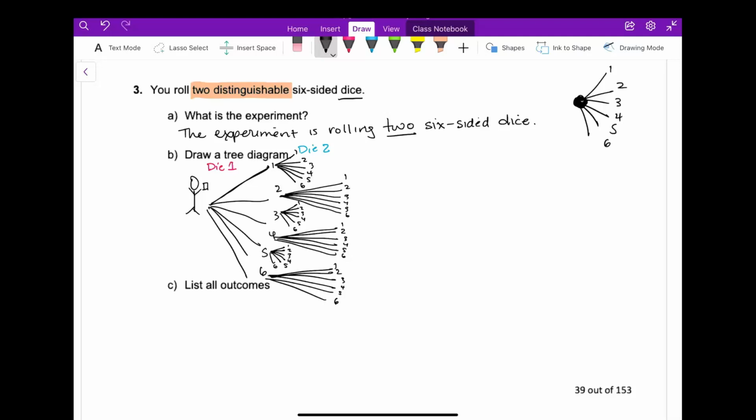And here we have our tree diagram for two distinguishable six-sided dice. This is very different from a one toss, which was on example number 2. So when you're reading your question, you have to determine, does my experiment require me to toss one die or two dice? Let's go ahead and list all of our outcomes.